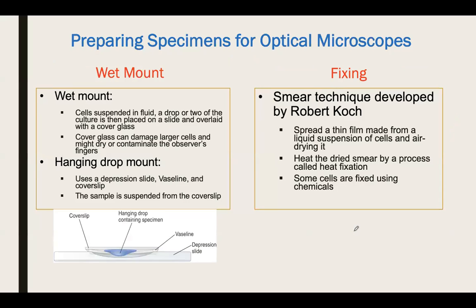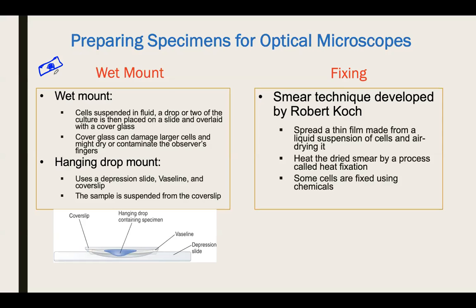So the first one, the wet mount. What you can do is grab a slide. Let's say this is the slide, and then take the specimen over here at the center mostly, and then take a drop of water. If it is a solid specimen, then you have to take water. If it is a urine sample, you really do not need to add any water. Just take a drop of urine sample.